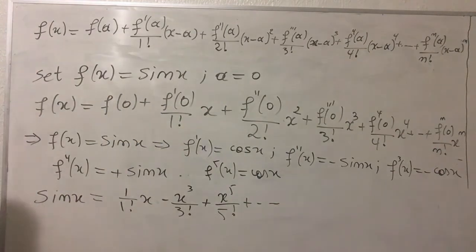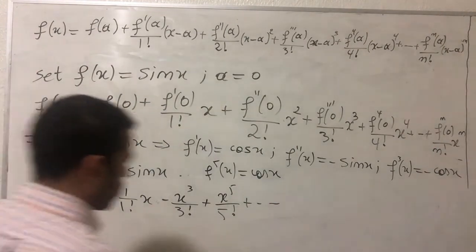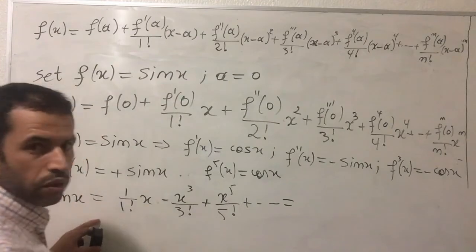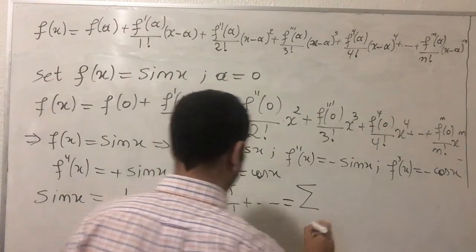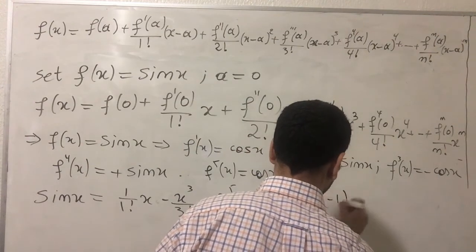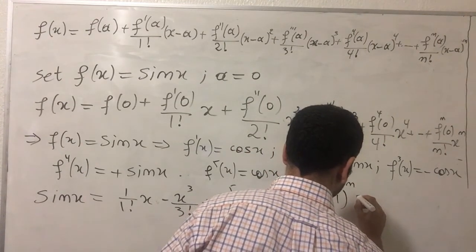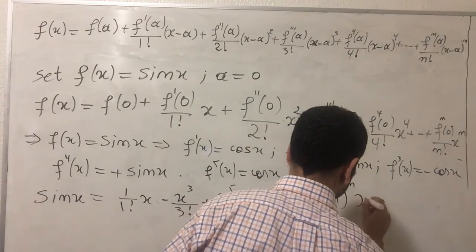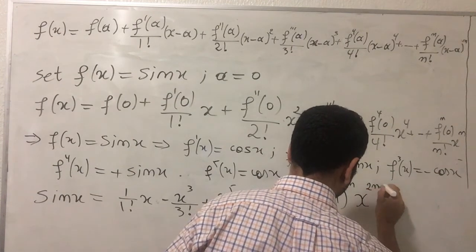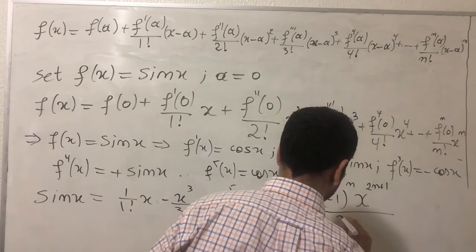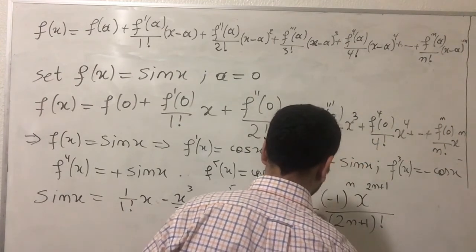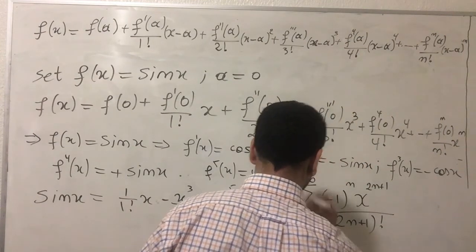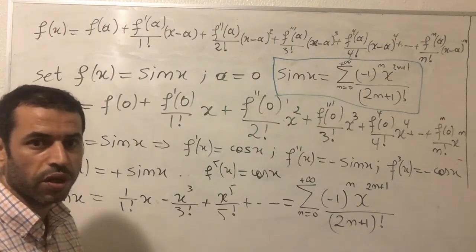Okay, so sine x is equal to the sum of minus 1 to the n multiplied by x to the 2n plus 1 over 2n plus 1 factorial, as n goes from 0 to plus infinity. Okay, let's move on to another example.